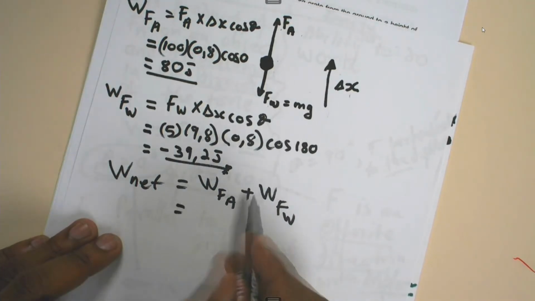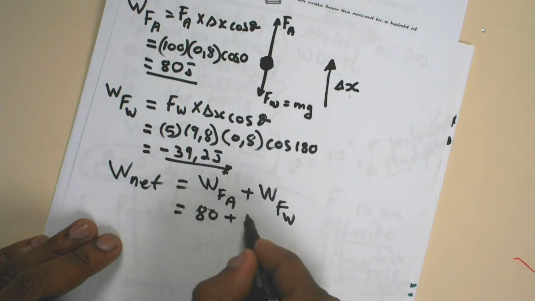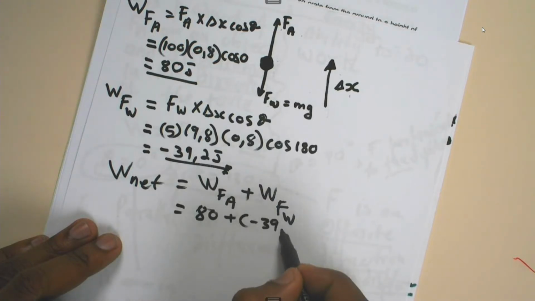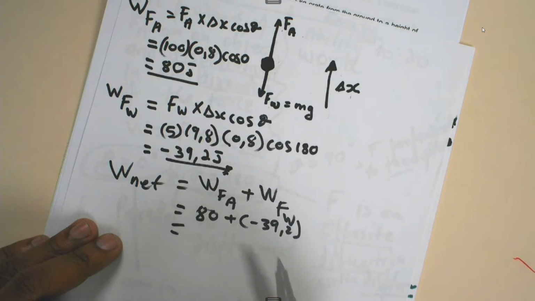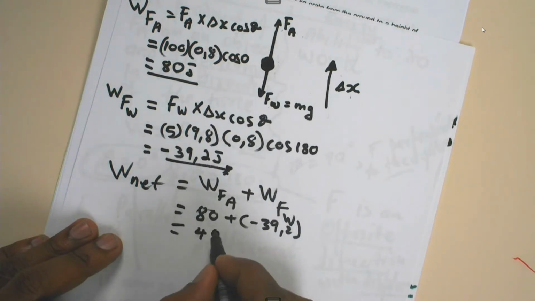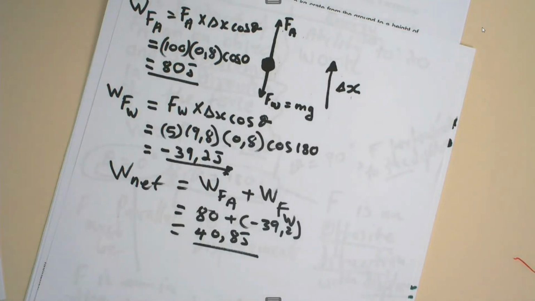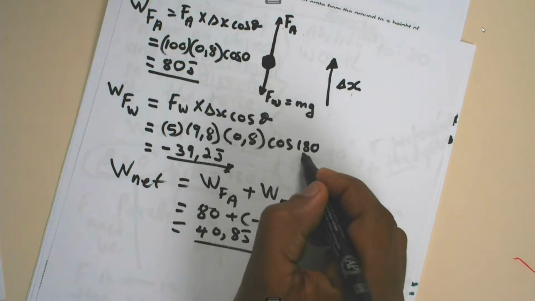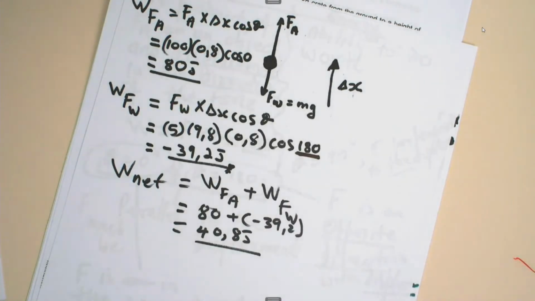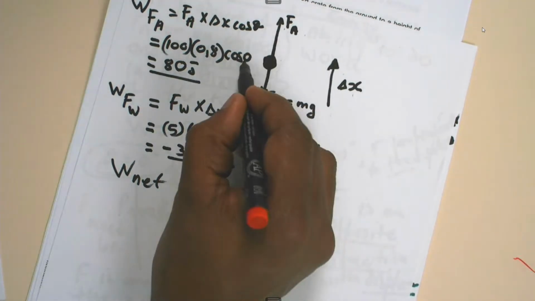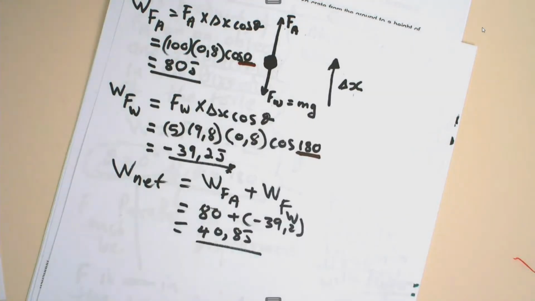Then it will be just 80 plus minus 39.2, and then eventually our answer will be something like 40.8 joules. So it becomes easy provided you are able to identify when to use 180, when to use 0.